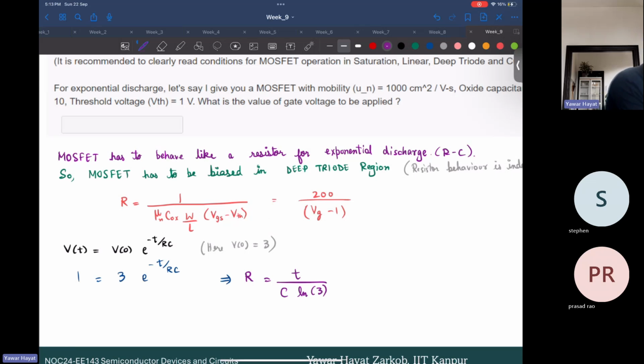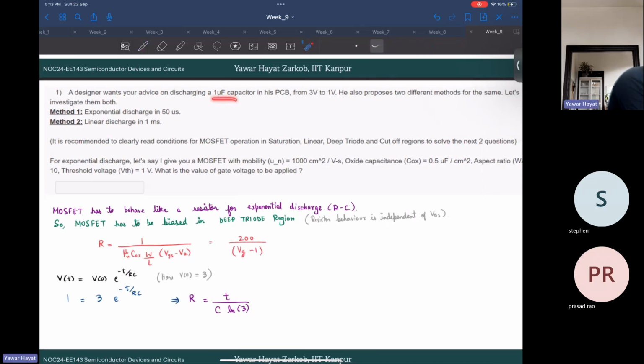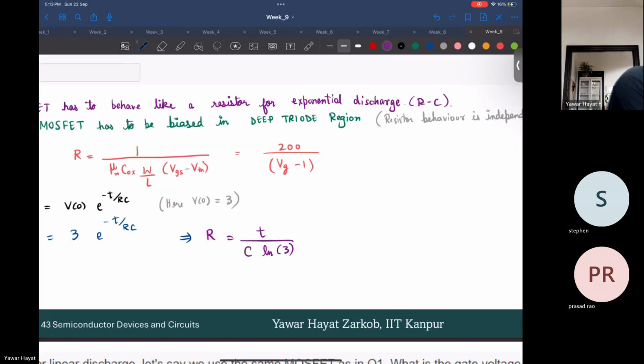Because if you take this here, this would be e to the power t by RC, that is 3. And from there, this easily follows. So R is T by C ln of 3, and the capacitor is a 1 microfarad cap, and your R is this, right? So we are good to go.